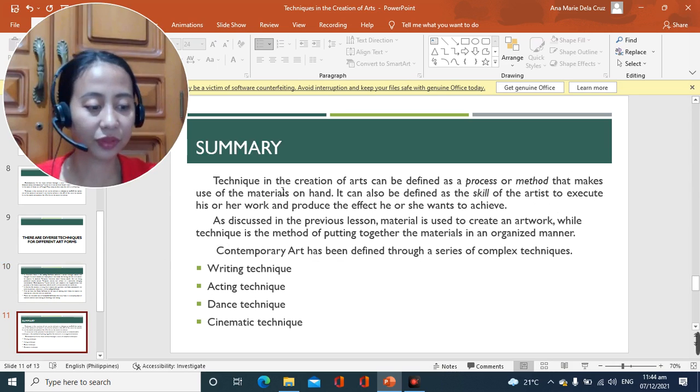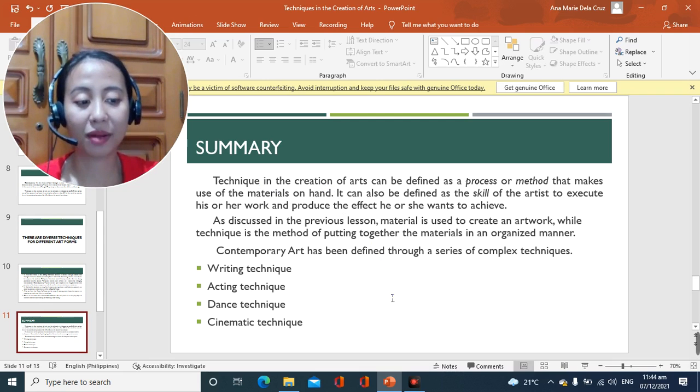Okay, here, to sum it up, when we say technique, in the creation of arts it can be defined as a process or method that makes use of materials on hand. It can also be defined as the skill. Kung inig na talaga yun sa'yo, that is the skill, that is a skill of the artist to execute his or her work to produce the effect he or she wants to achieve.